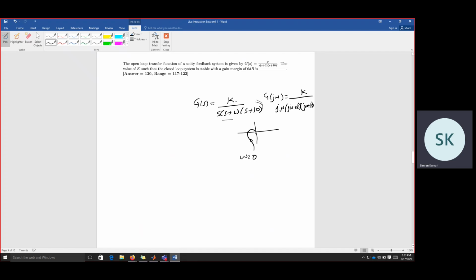As omega tends to 0, this tends to infinity, and as omega tends to infinity, this tends to 0 with angle approximately minus 270 degrees. So we just have a mirror image of this one. It will go like this.